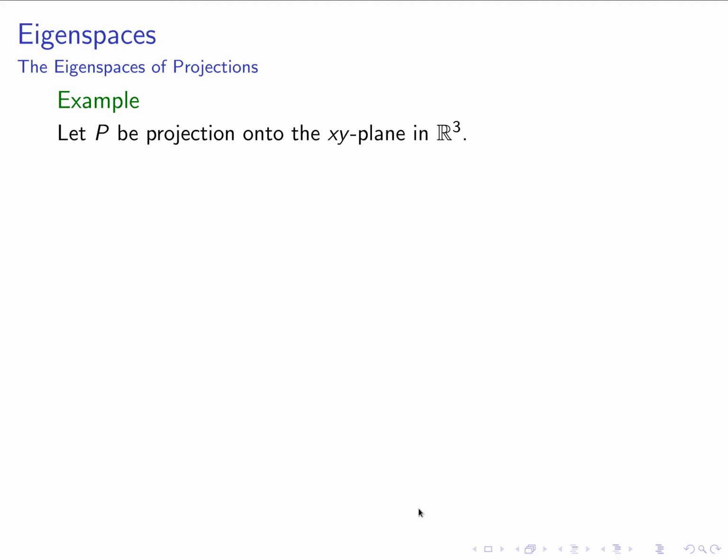Okay, so let's look at some other examples and see how eigenvectors fit into the conversation. Let's consider the projection matrix P onto the xy plane in 3 dimensions. This is a matrix that we studied earlier. How does this exactly work? We take any vector in R3, and to project onto the xy plane, we sort of smush that vector onto the xy plane.